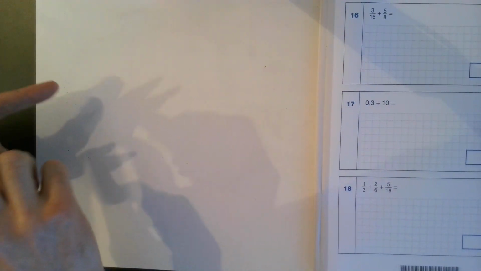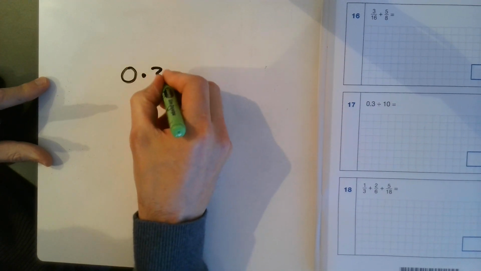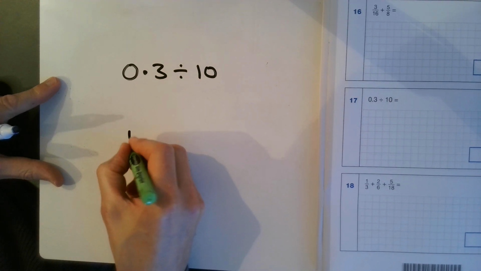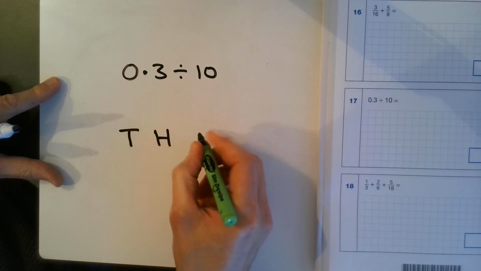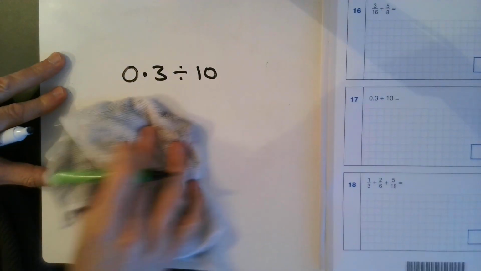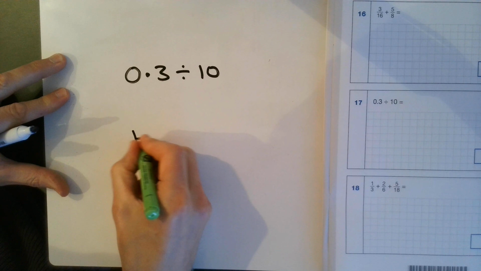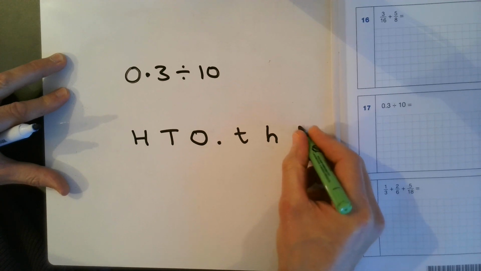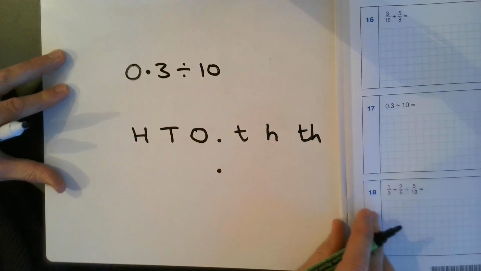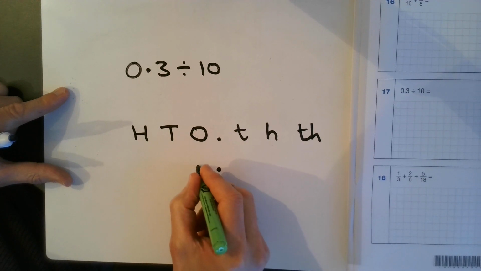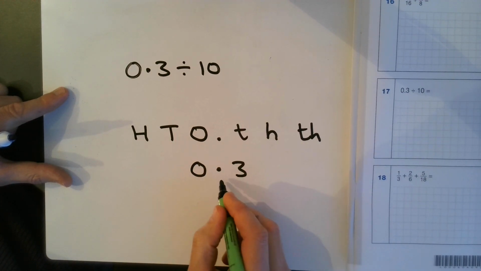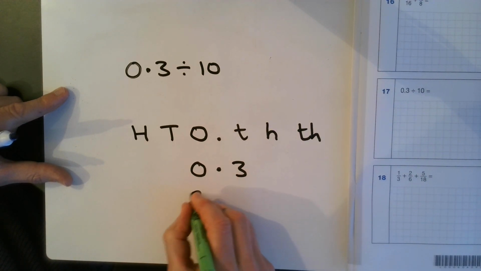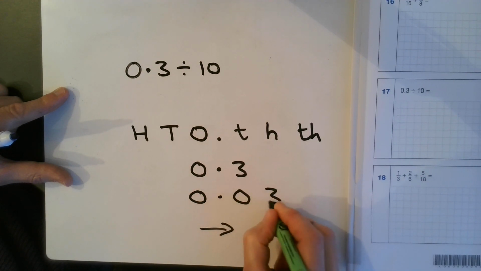0.3 divided by 10. Now, if we've got a place value chart, so hundreds, tens, ones, and we have tenths, hundredths, thousandths. Now, 0.3, if we're going to make that 10 times smaller, we need to move one place to the right, so that would become 0.03.